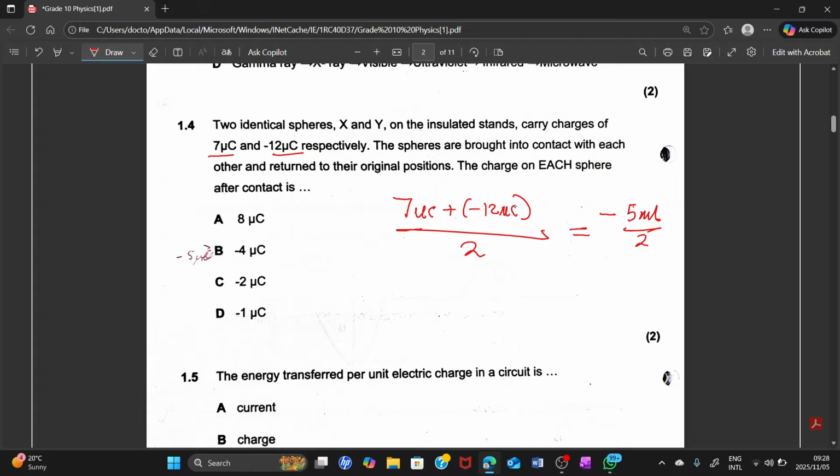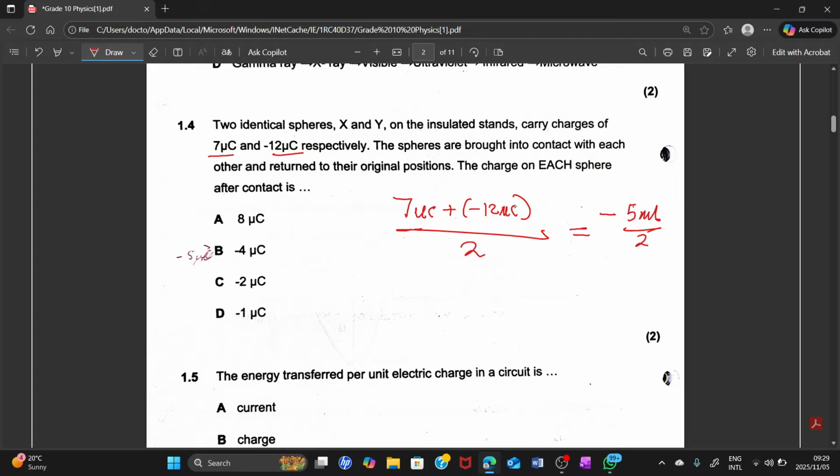The spheres are brought into contact with each other and returned to their original places. See? So what is it? The charge on each sphere after contact. What is the answer here? Let's try to see.